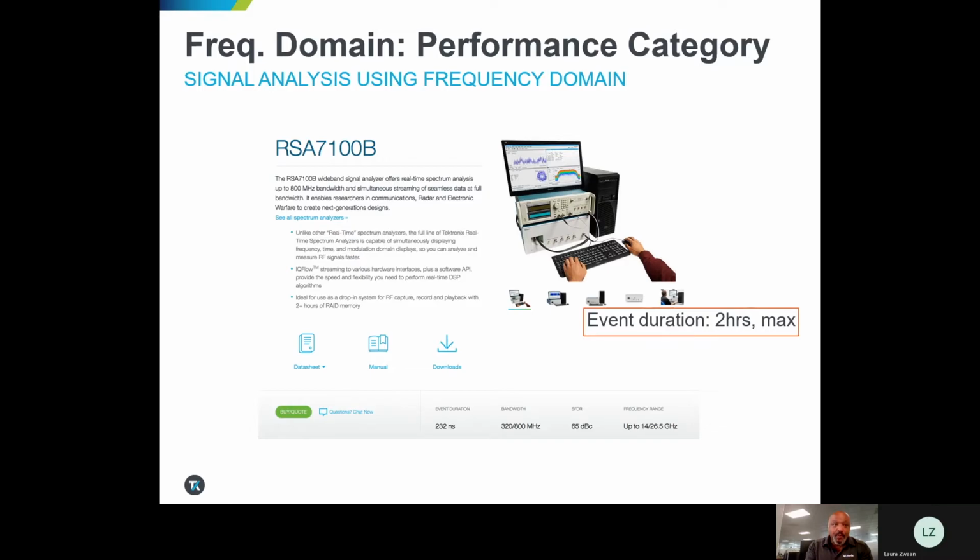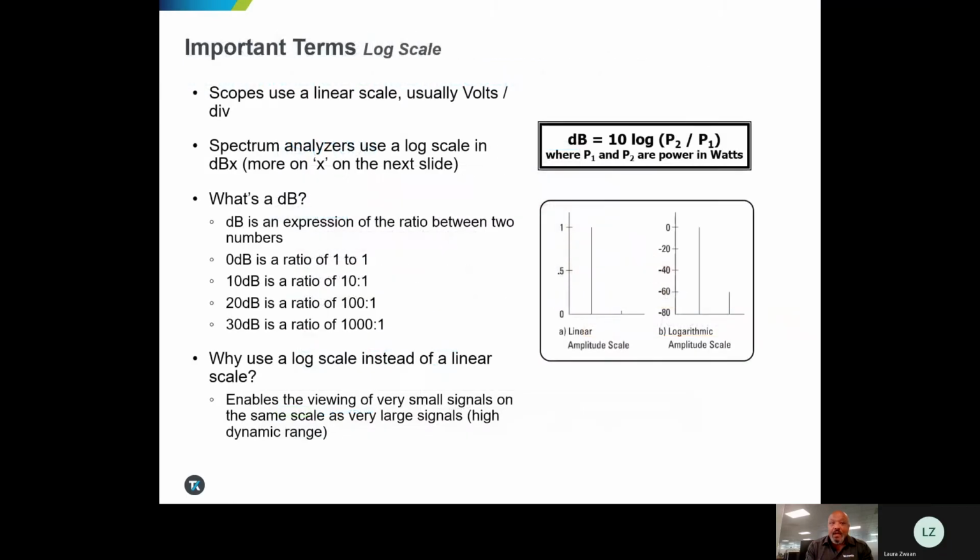Some terms to be aware of whenever we're talking about radio communication, or in some cases time domain, things are related in terms of log scale. What this actually is, is a mathematical instrument which allows you to relate the relative change of one event relative to the other. And so 0 dB in this case is a 1-to-1 relationship.